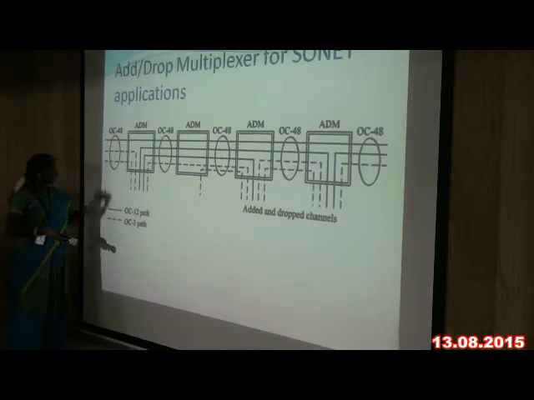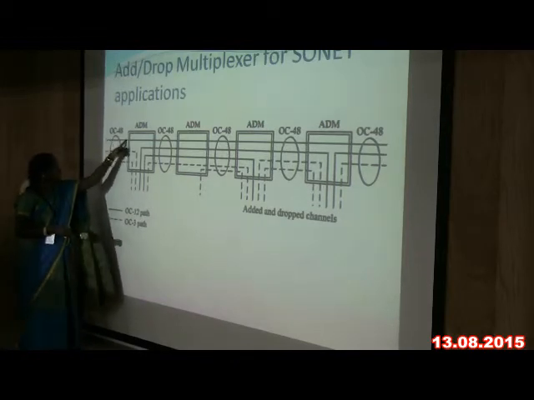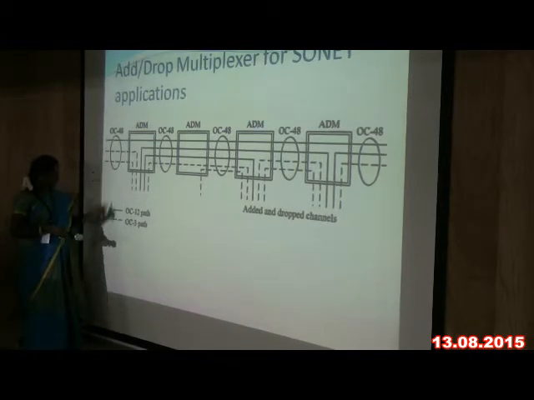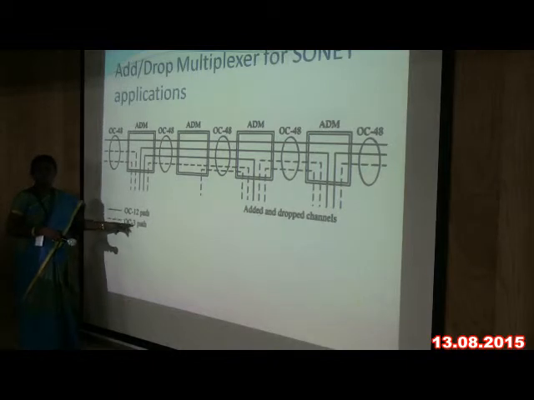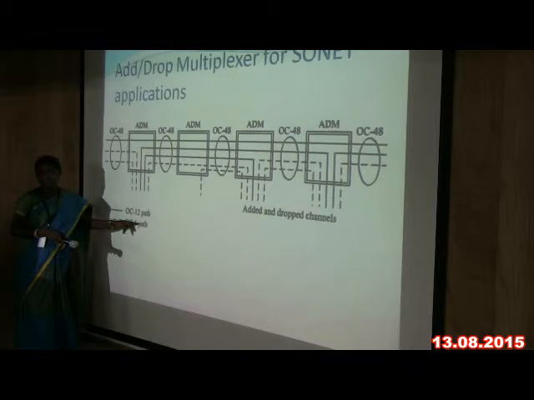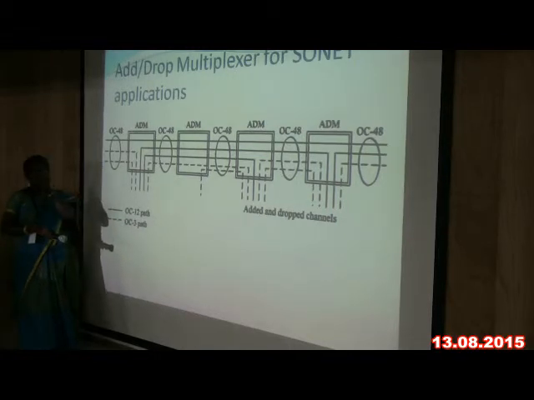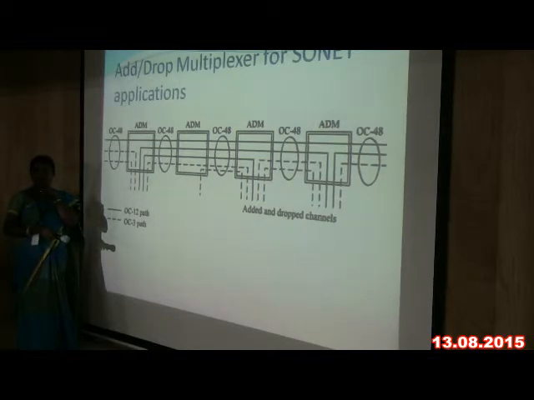Here, for example, this dark line is OC48 signals. The dotted line is OC3 signals. What is the data rate for OC3 signals? 51.84 into 3. And OC48 is 51.84 into 12.